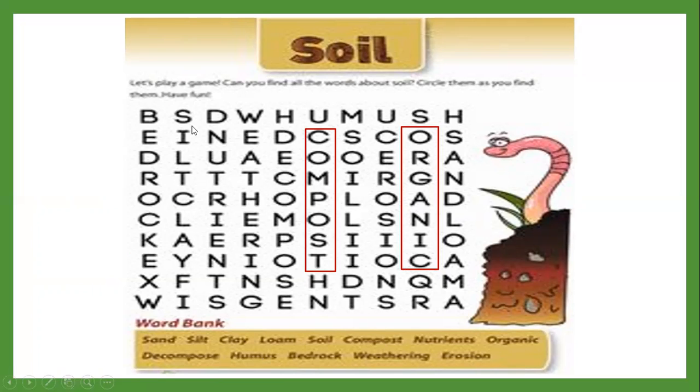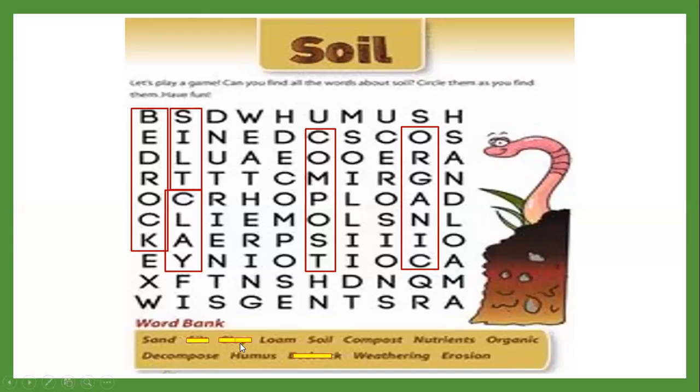Let's try to find bedrock. Let's erase bedrock here. Where else? Silt. Let's erase silt. Next we have clay. Let's erase clay. Next one, nutrients. Next is weathering. We will erase weathering here.